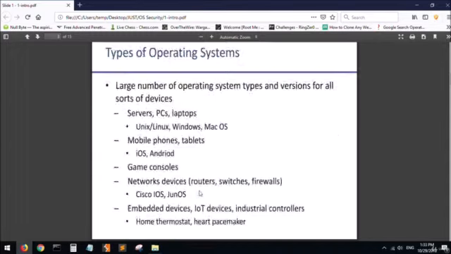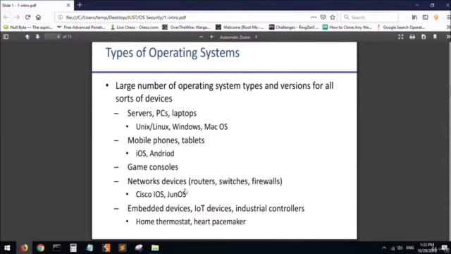Now what are the types of operating systems? Of course, there is a very large number of operating system types and versions, for all sorts of devices. For servers, PCs, laptops, we will use Unix, Linux, Windows or Mac OS. For mobile phones or tablets, iOS and Android. For game consoles like Wii, PlayStation, Xbox, and so on.